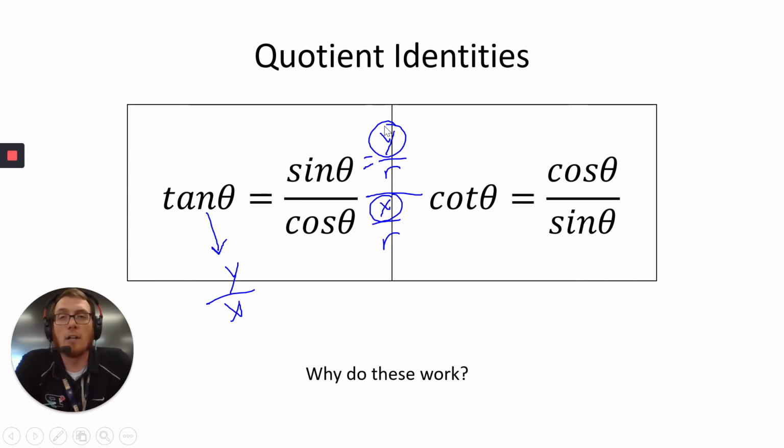Sine is y over r, and then you're dividing by x over r, and the r's cancel. So you're left with y divided by x, and that's the same as tangent. And then if you agree that tangent and cotangent are reciprocals, then if tangent is sine over cosine, its reciprocal has to be cosine over sine. They're strictly just getting rid of the r values from the denominators and canceling them out.